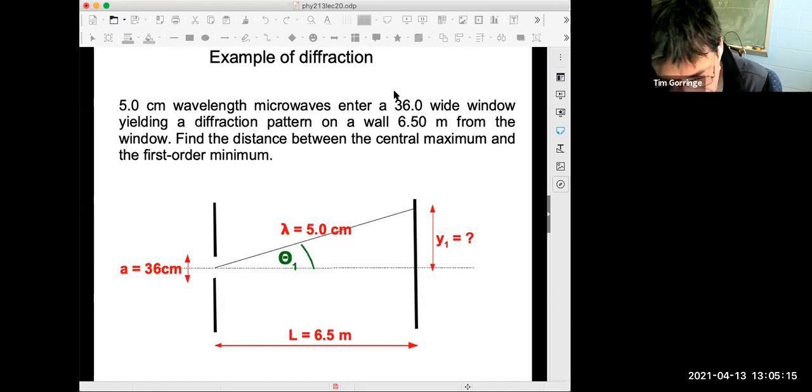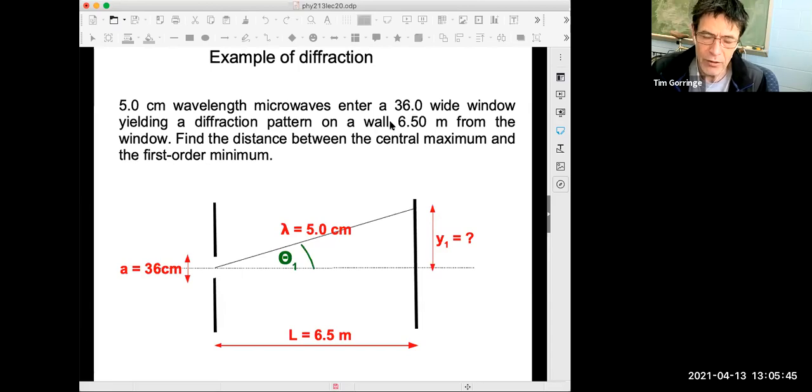And in this particular example, we're told that the 5 centimeter wavelength microwaves enter a 36 centimeter wide window and yield a diffraction pattern on a wall 6.5 meters away. So in that first sentence, we're told actually a lot of information.